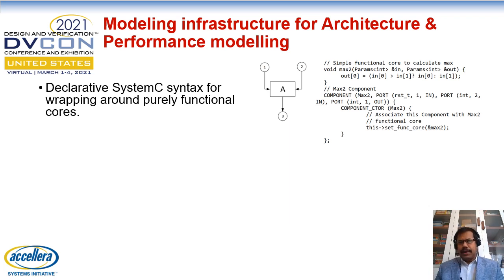Here we have provided a sample code snippet showing how you can take a simple function called max2 and write a simple declarative syntax for it. This transforms to an SE module with the corresponding SE inputs for the two integers which are coming in, and an SE output for the max of those two numbers. The computational unit is automatically triggered once both the inputs are available, and it generates the output.